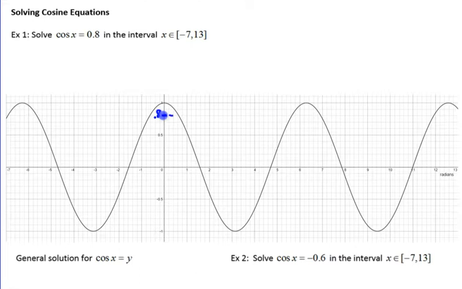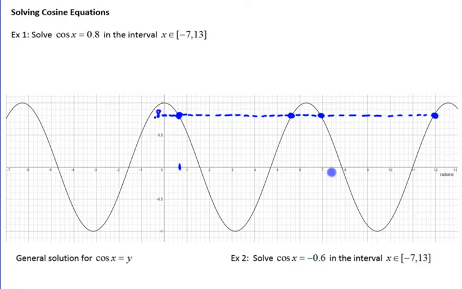If I go over to the right-hand side, I see an x value down here that looks like around 0.6 or so that has a y value of 0.8. If I continue on across, I will find other values here and here that also have y values of 0.8. So far I've found 4 in the positive direction.